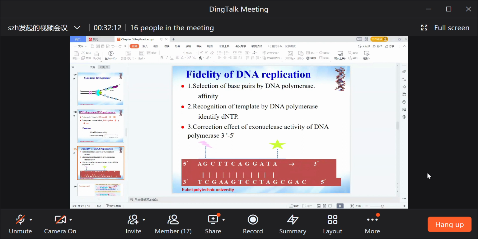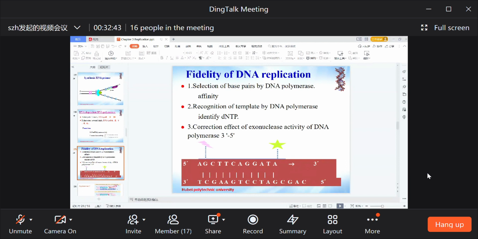Polymerase 3 truly catalyzes the DNA replication. Polymerase 3 also has the proofreading function, the 3' to 5' exonuclease activity.